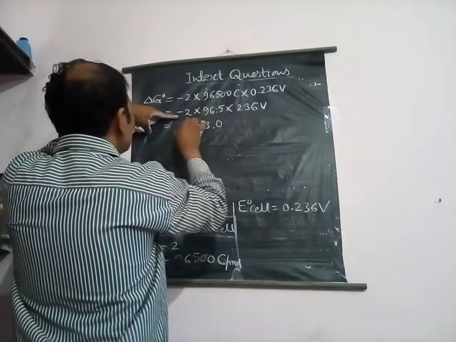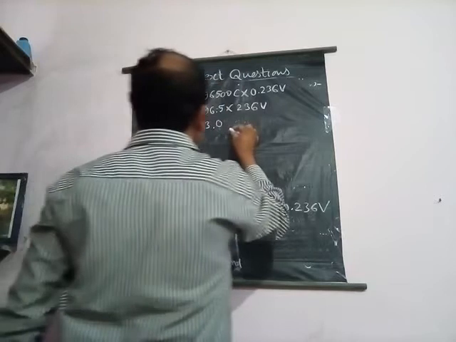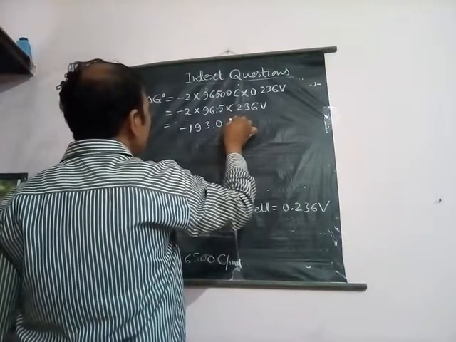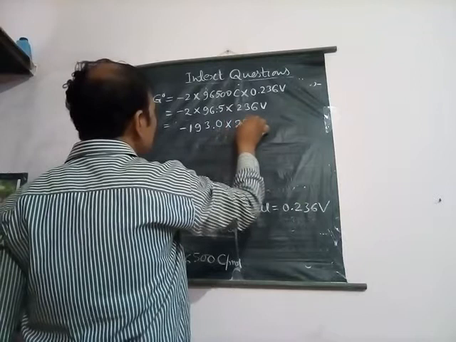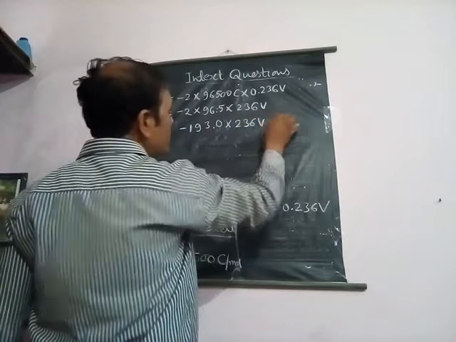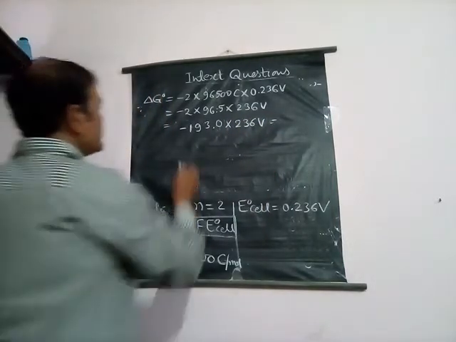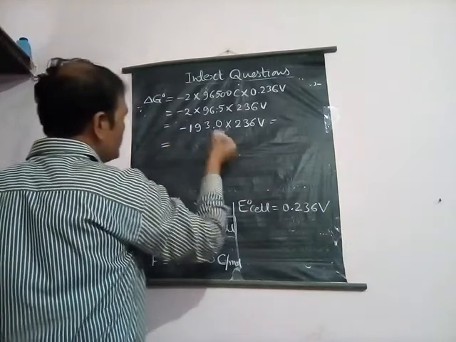So minus 193.0 into 236 volt. What will be its value?